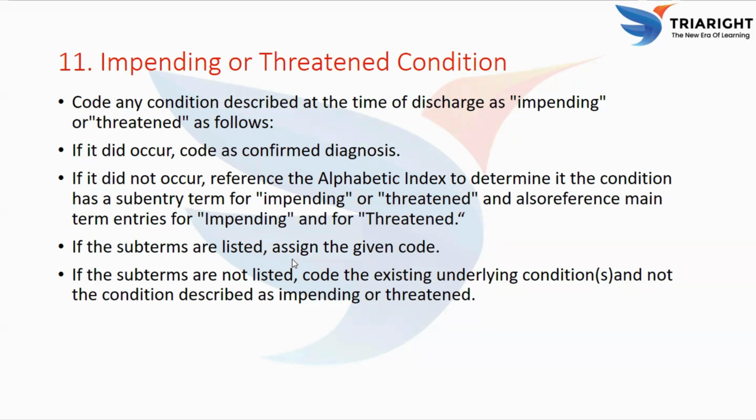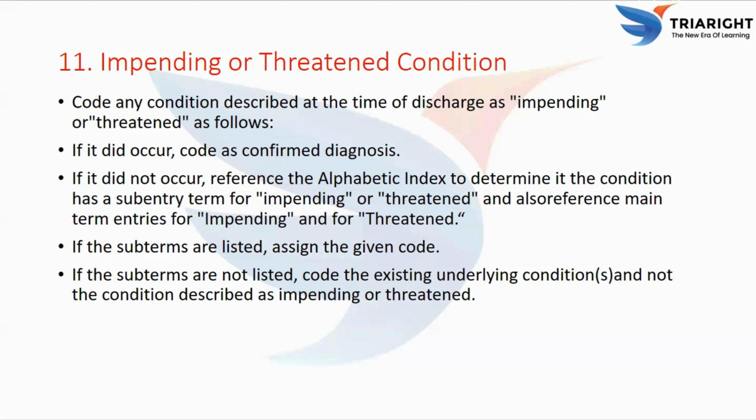If the condition has actually occurred, you have to code it as a confirmed disease or confirmed diagnosis. If the condition did not occur, you have to check the alphabetic index to see if there is a subterm for impending or threatened. So you always have to look at the main term for impending or threatened.